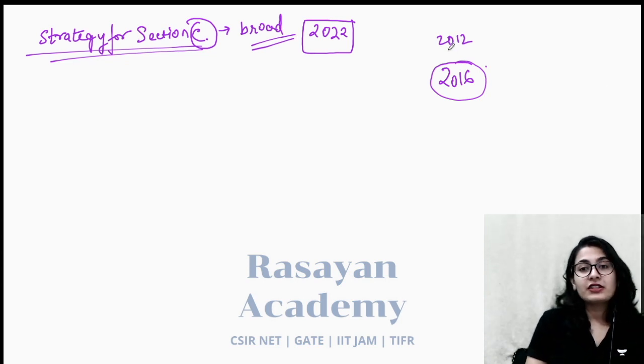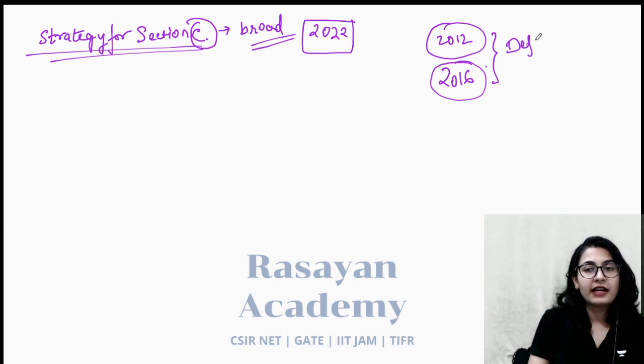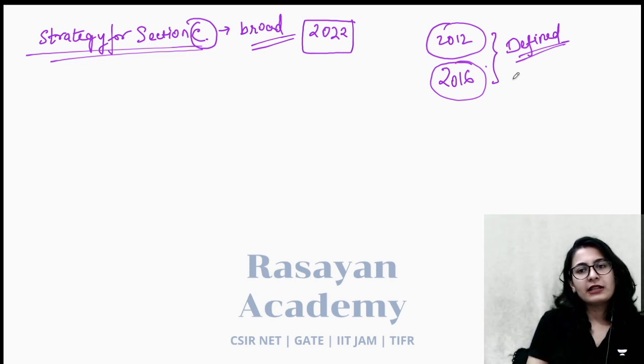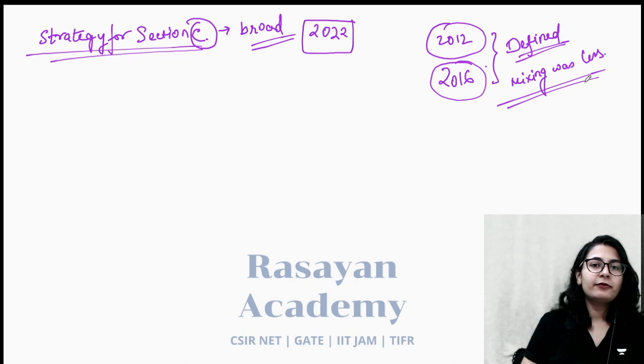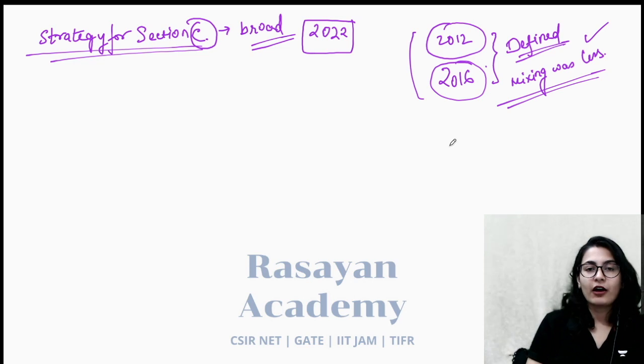What is the change, guys? The change is that earlier the syllabus and the topics were very well defined, and mixing between different concepts was less. If you had prepared one topic, let's say pericyclic chemistry, there was a high probability that you would be able to answer that question. That happened previously, guys, not now.